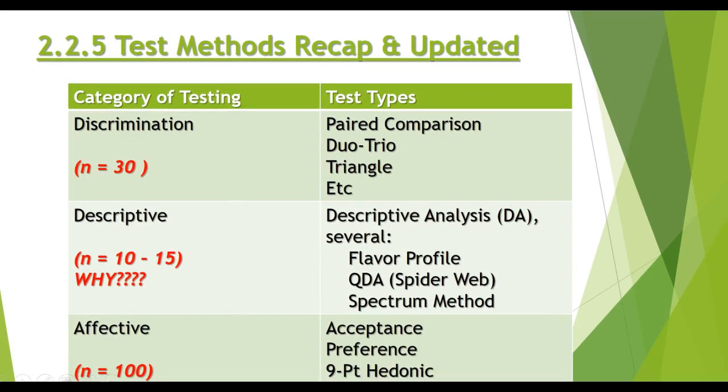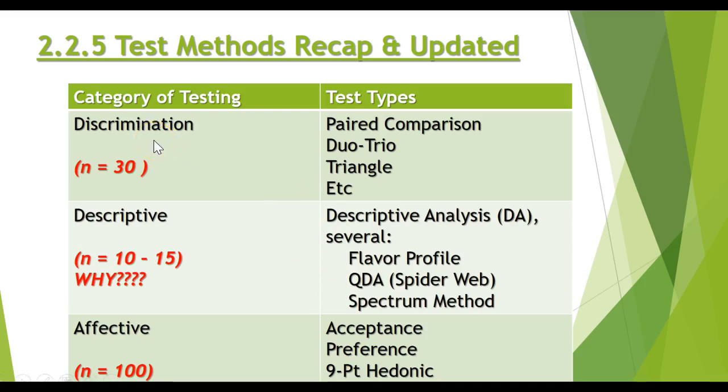When we take a look at the test methods, and we're going to recap some things, discrimination test needs 30 subjects. Those 30 subjects need to be product users. The tests that they're going to do are paired comparison, duo-trio, triangle, A-not A, tetrad. Those are the types of tests they'll use. In a descriptive panel, you're going to use 10 to 15 subjects.